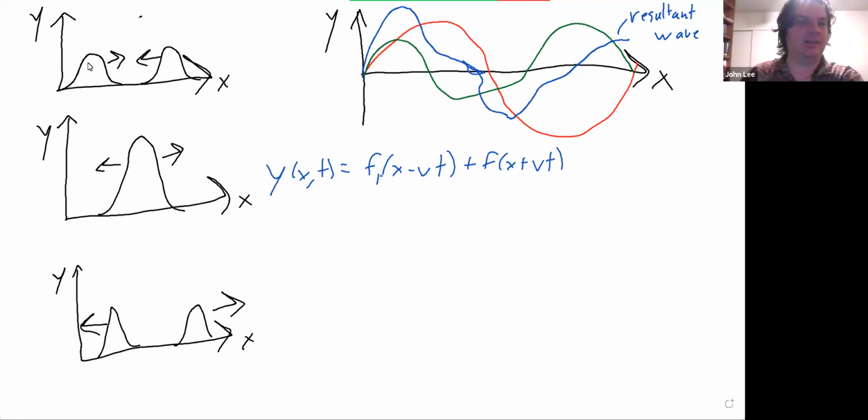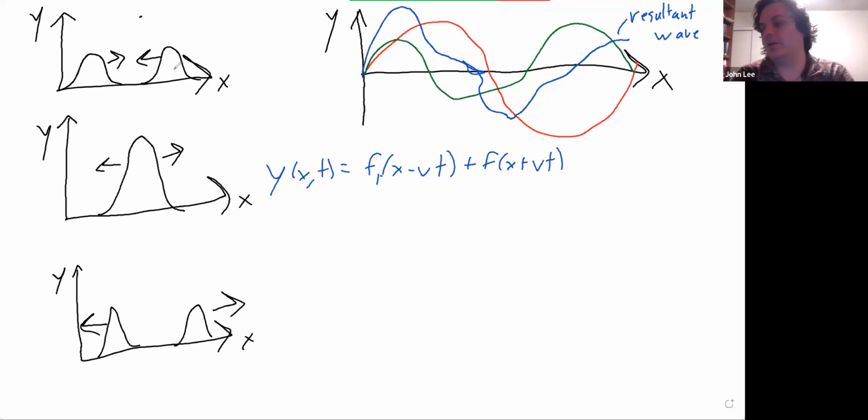So on the left, you have two small Gaussians or two small normal distributions which are going towards each other. They're a little bit low. They keep going towards each other, and then they add up to something that's as big as both of them in the center. And then as they go past each other, they just don't add together anymore because they pass each other.